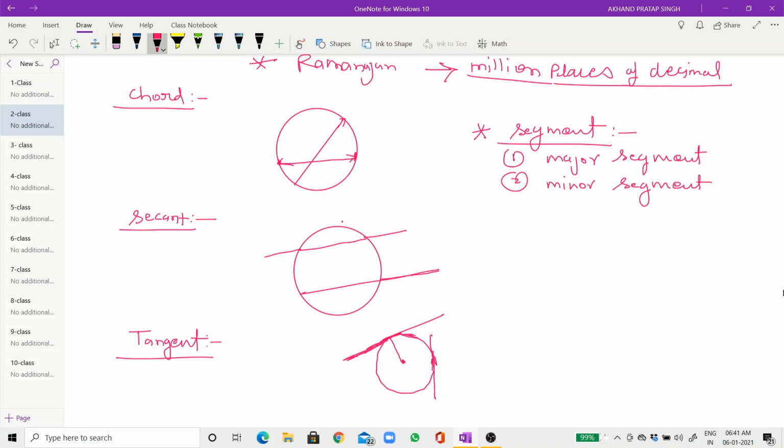Suppose we draw a circle, and this is the center O, and we draw a line.